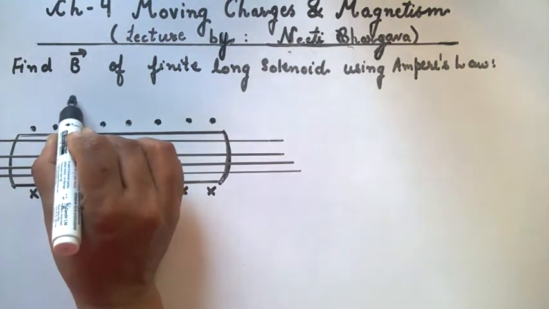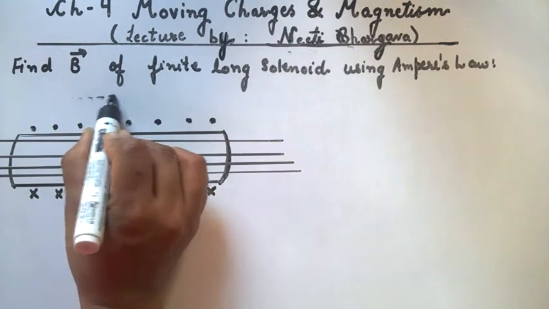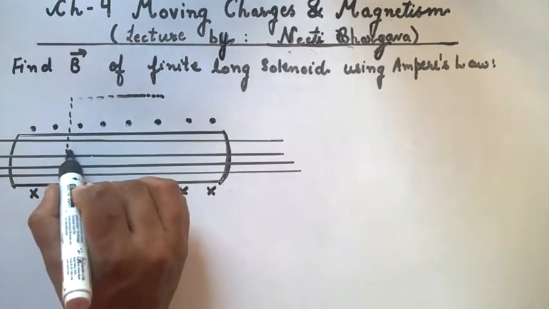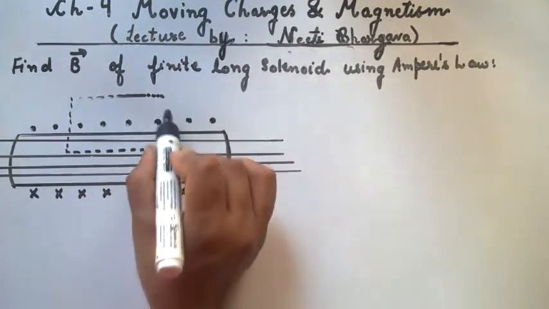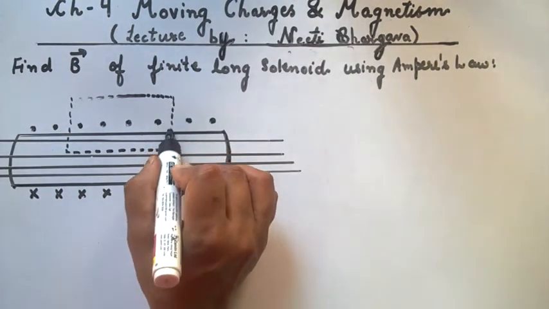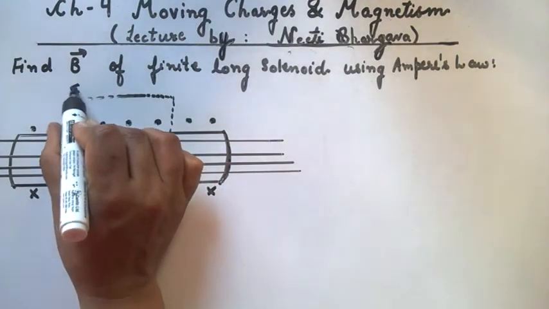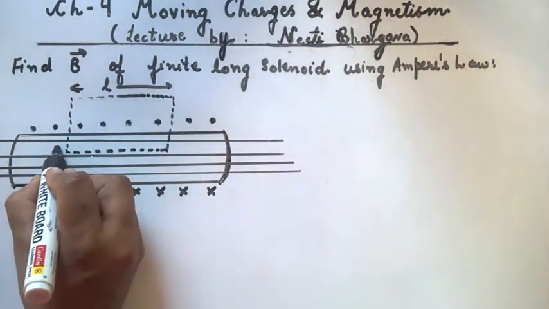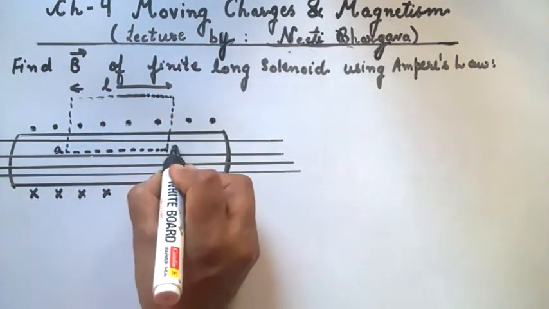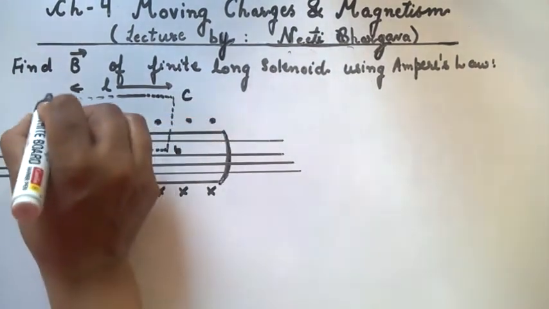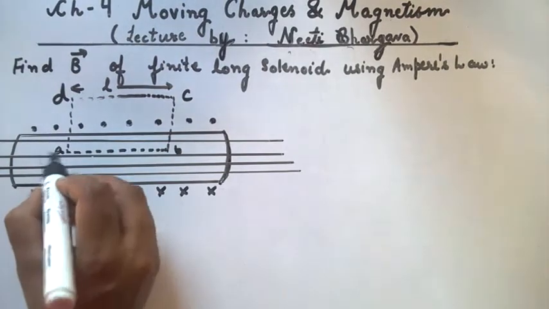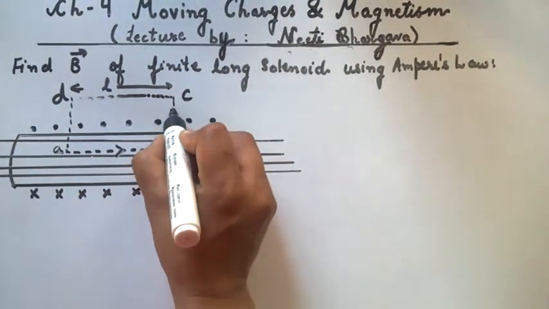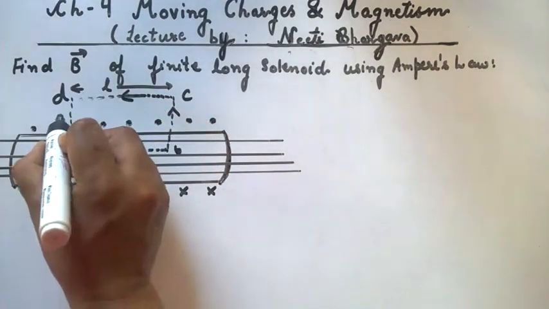Consider a rectangular Amperian loop of length L. In this way, its length is L. Let the current be flowing in the anticlockwise direction.